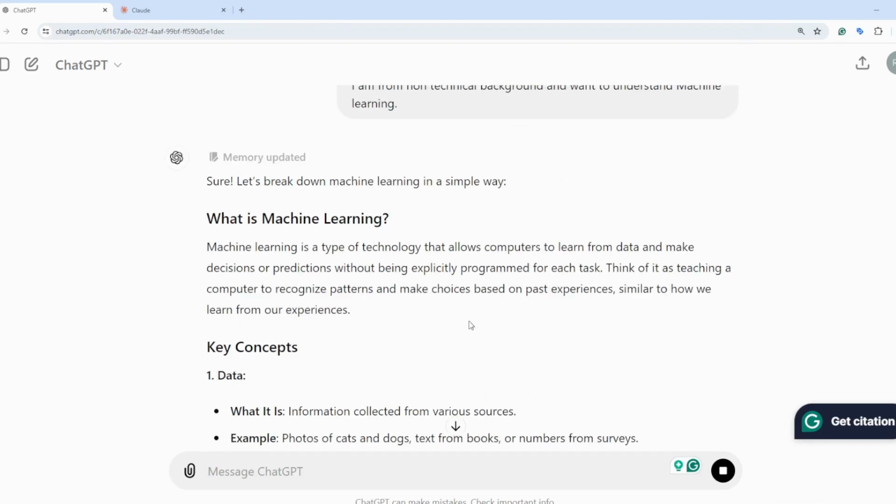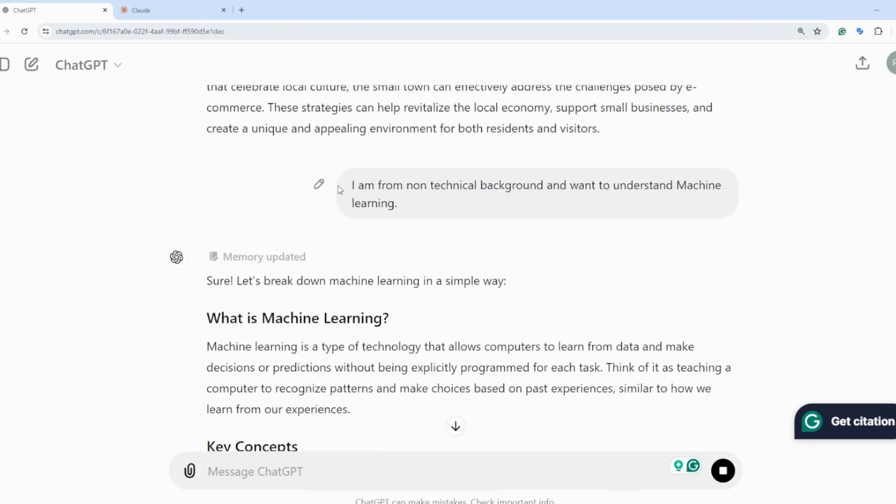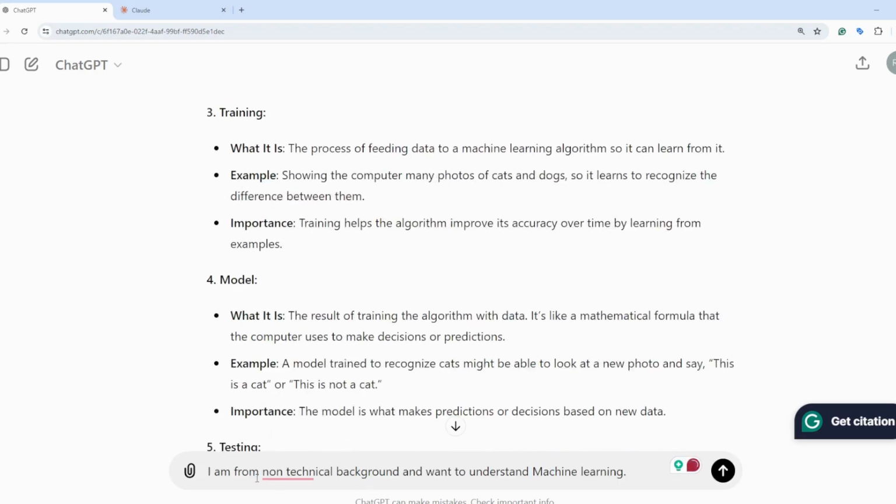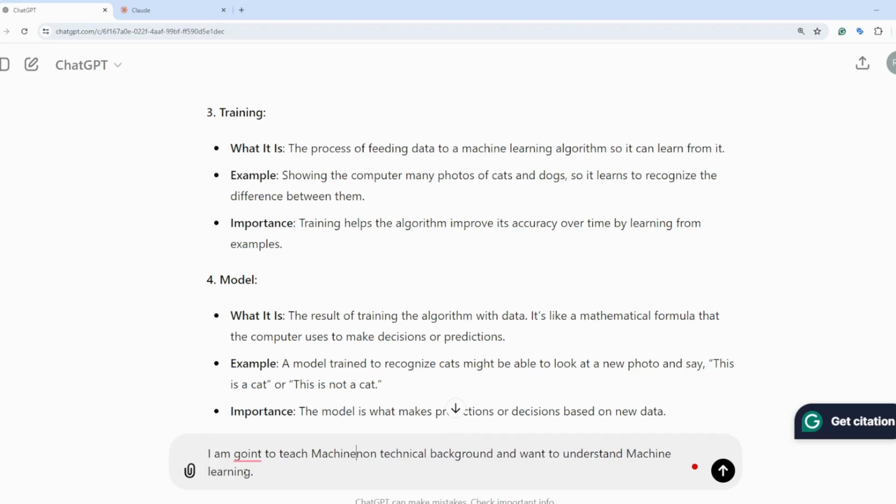If I tell this same thing, okay, I am going to teach machine learning to engineering students.